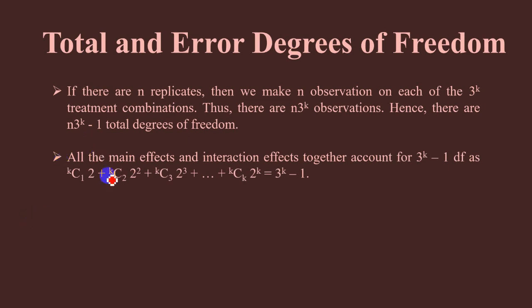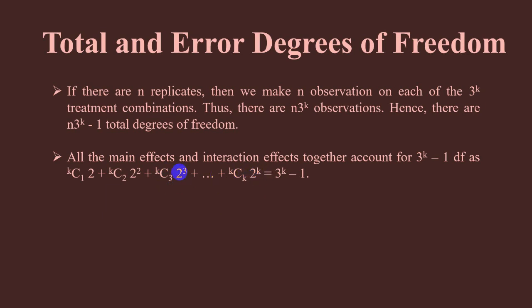There are kC2 two-factor interactions, each with 2 square degrees of freedom. There are kC3 three-factor interactions, each with 2 raised to 3 degrees of freedom or 2 cube degrees of freedom, and so on. There are kCk k-factor interactions, which is actually 1 only. So kCk k-factor interactions, each with 2 raised to k degrees of freedom.